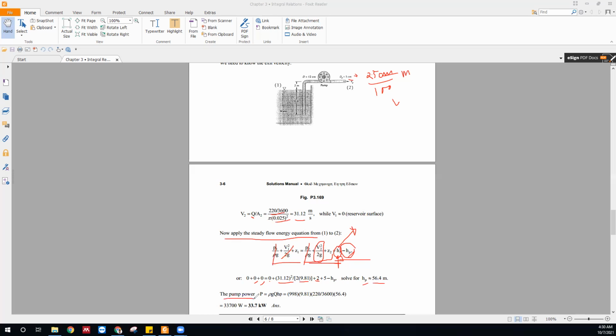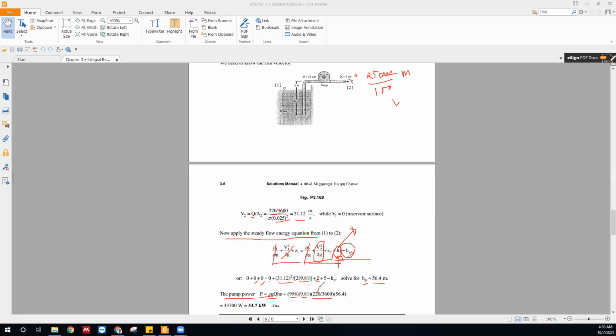Now, the question asks to calculate the power of the pump, so to calculate it, we can use this equation: P equals rho g Q H. So rho equals 998, g equals 9.81, and Q is given here, actually 220 by 3600.